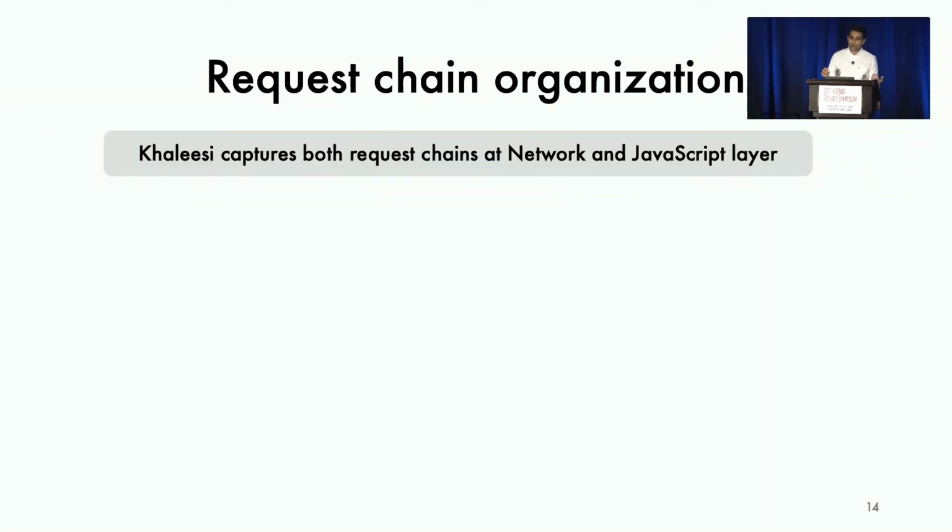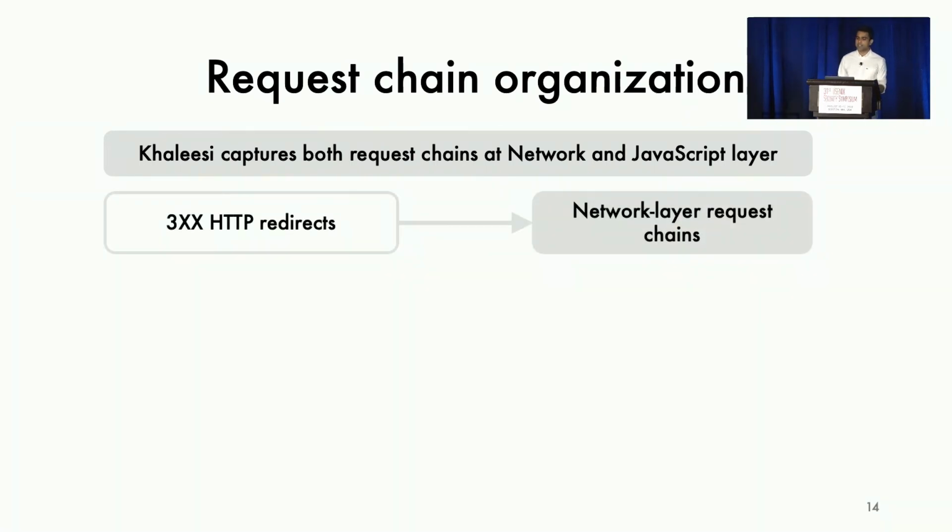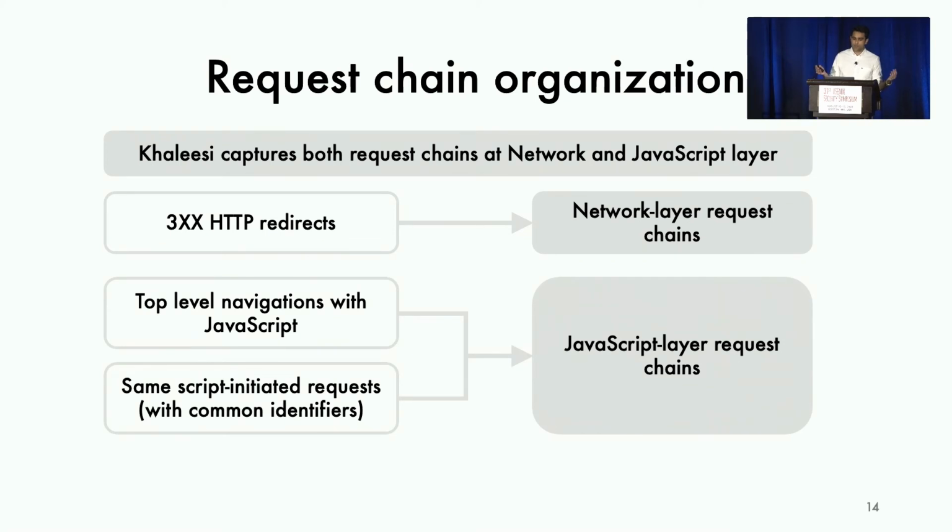In Khaleesi, we capture request chains that are initiated at the network and the JavaScript layer. At the network layer, we simply link the subsequent request and response pairs that appear in HTTP redirects. And at the JavaScript layer, we try to capture two kinds of request chains. First are the top-level navigations that are typically initiated with the window.location API.